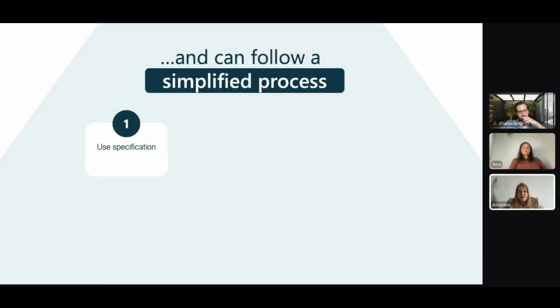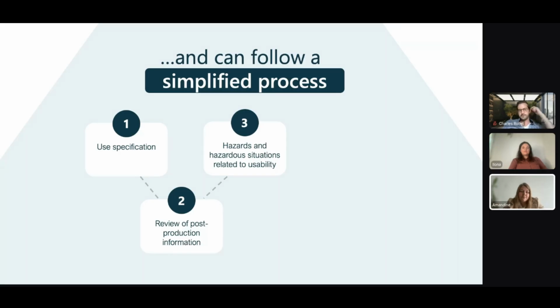And so for this kind of device, you can follow a simplified process, which consists of, first step, use specification, second step, the review of your post-production information. In case you don't have enough post-production information, you will have to conduct an additional study to gather some data.